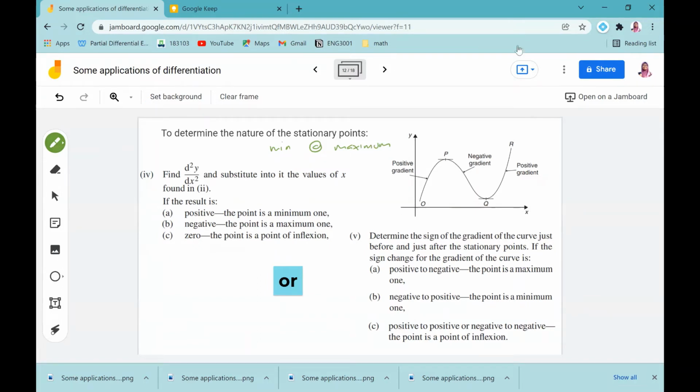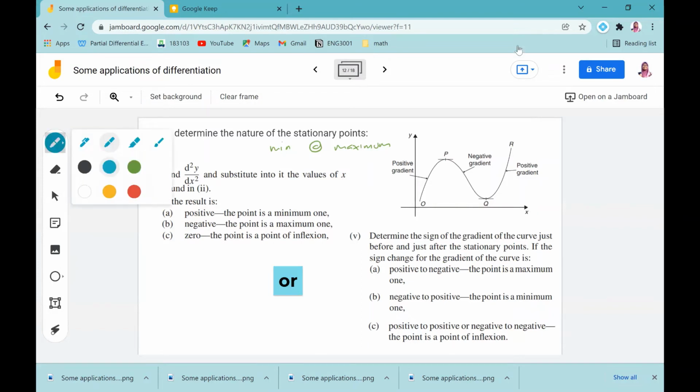First, we do the second differentiation. If the value is positive, then the point is minimum. If the value is negative, the point is maximum. If the value is 0, the point is a point of inflection.